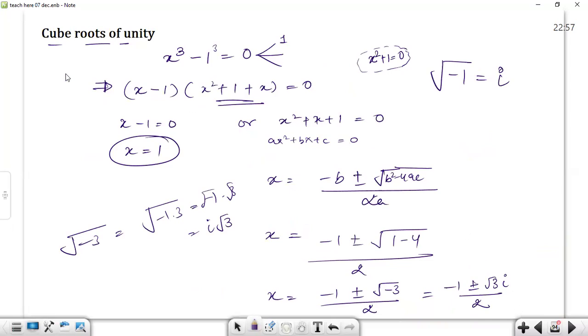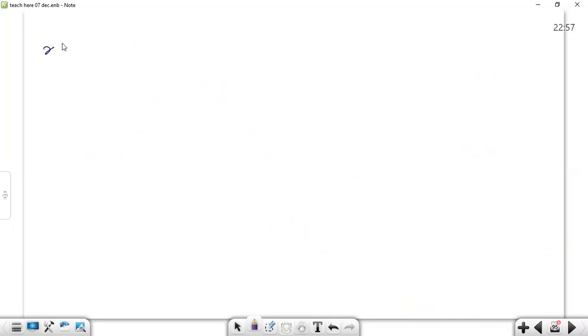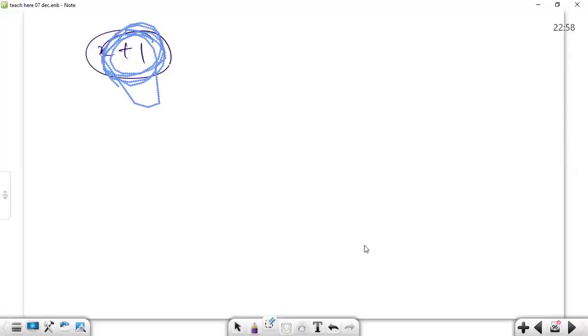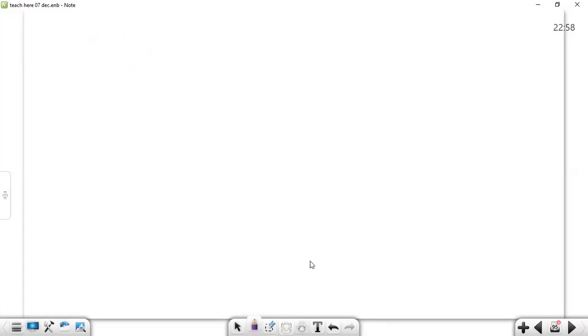Acha, new page, yeah, so x square plus x plus 2, okay. My laptop is very good, but I sometimes hate it.